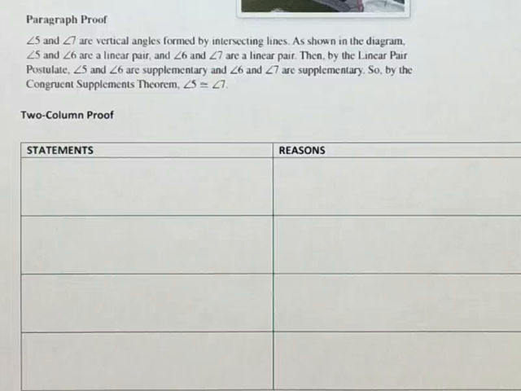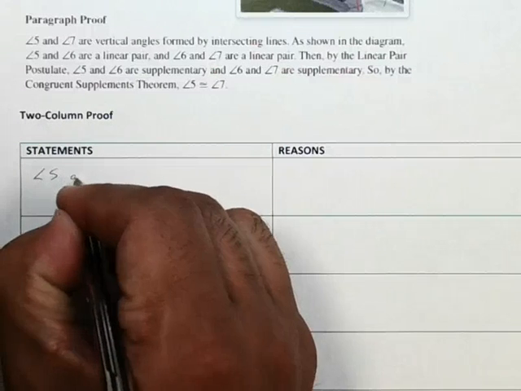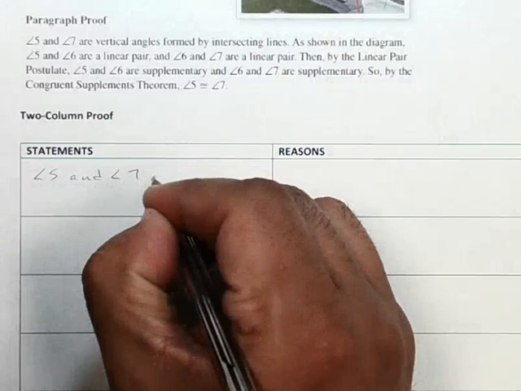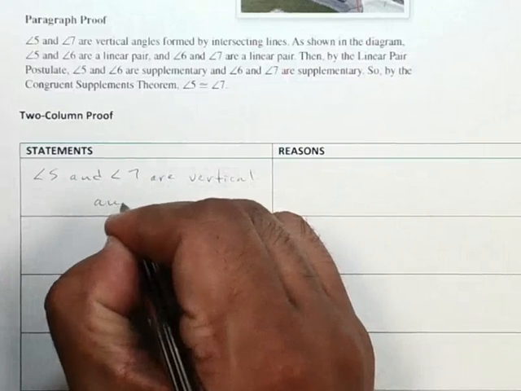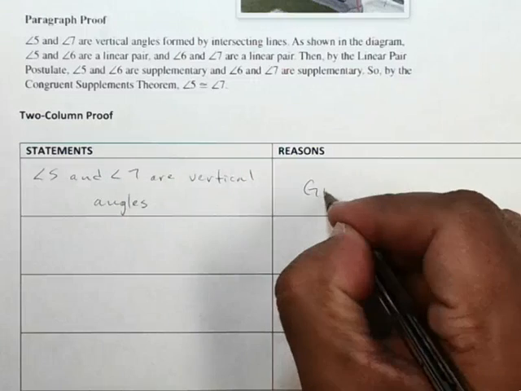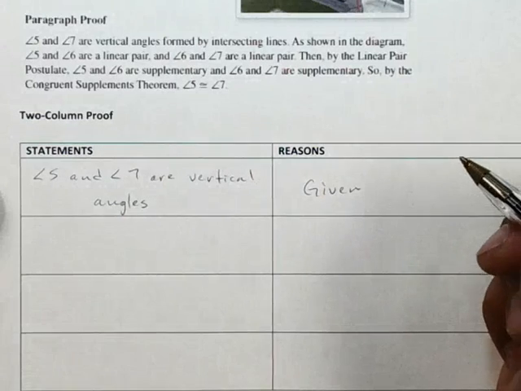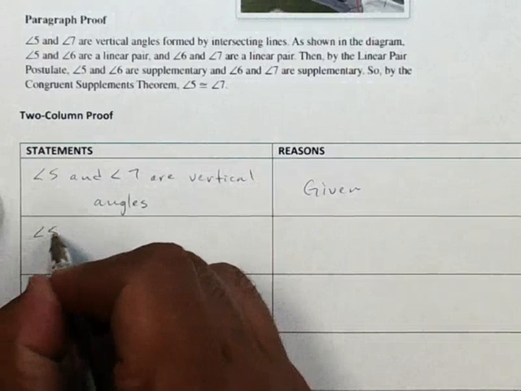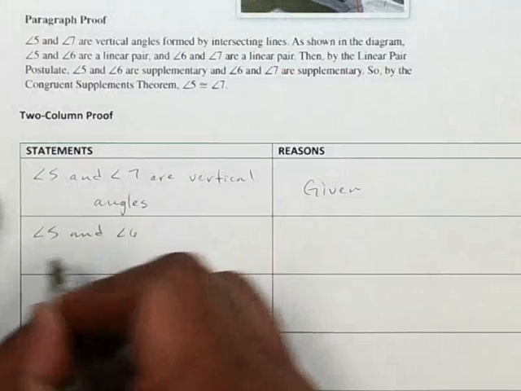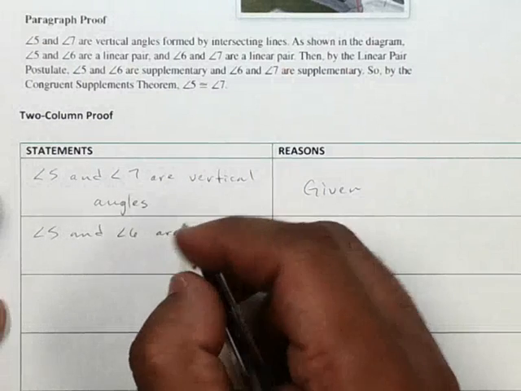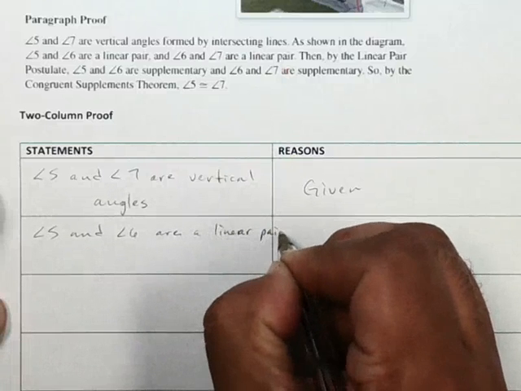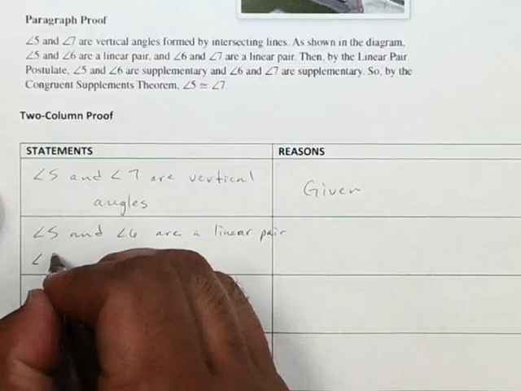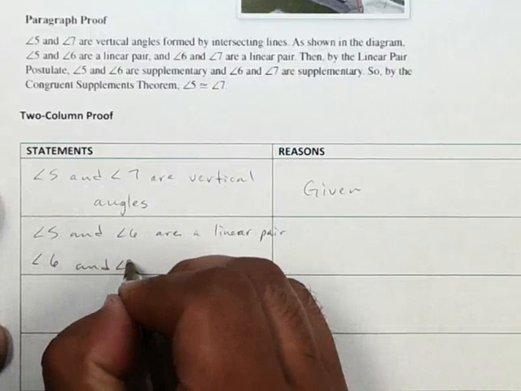And so, here we go. Here's what it looks like. 5 and 7 are vertical angles. That's given. Then we would say angle 5 and angle 6 are a linear pair, and same thing for angle 6 and angle 7.